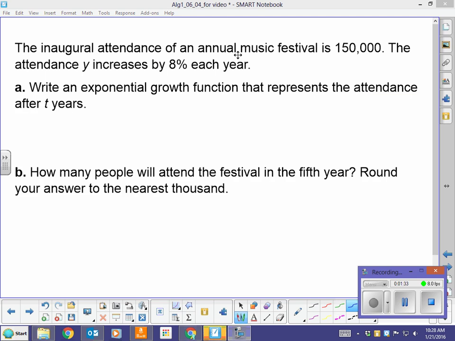The inaugural attendance of an annual music festival is 150,000. The attendance, y, increases by 8% each year. Write an exponential growth function that represents the attendance after t years.